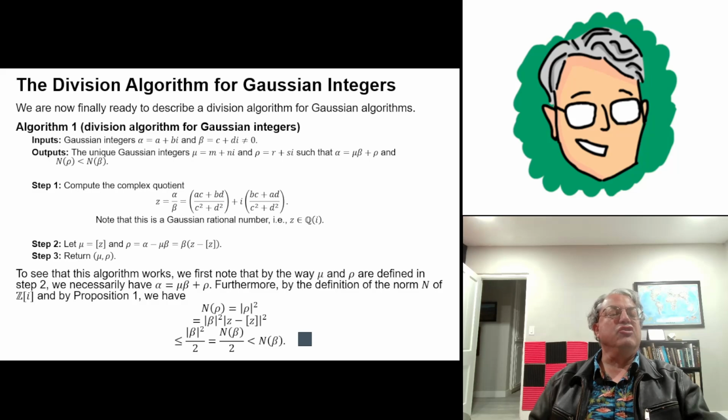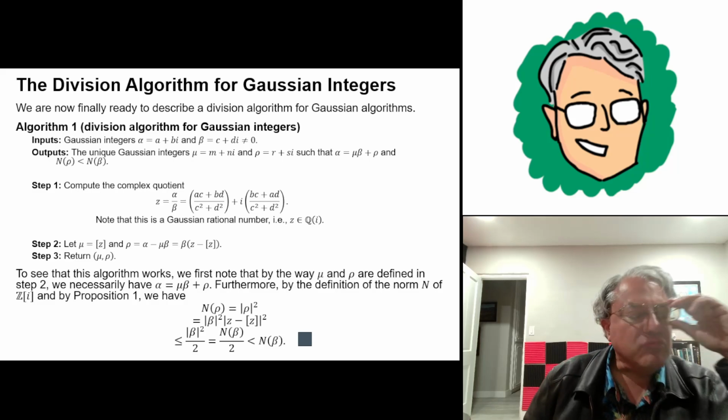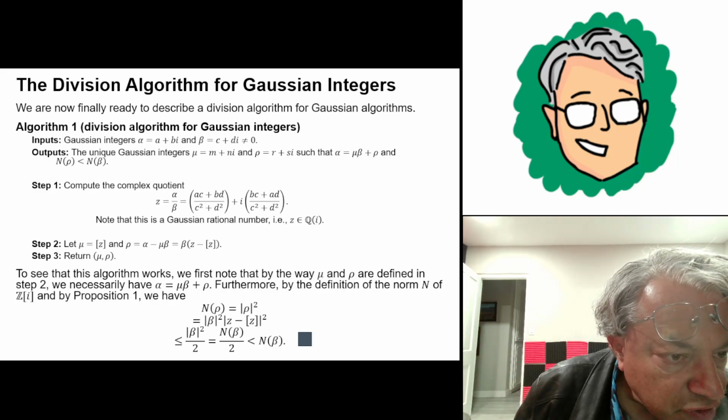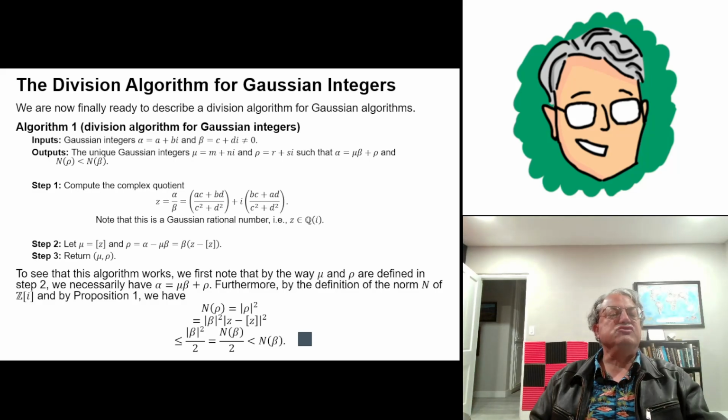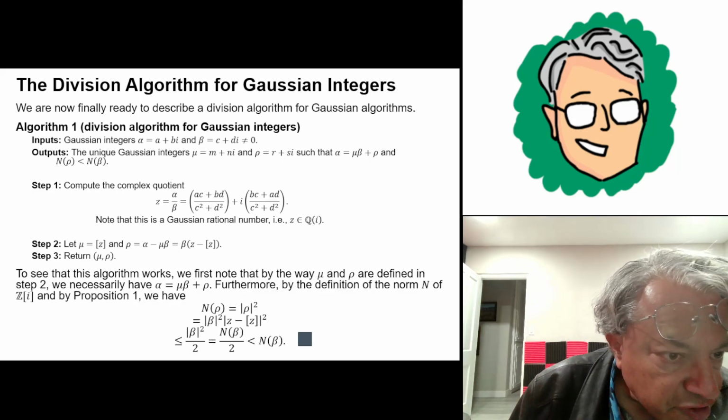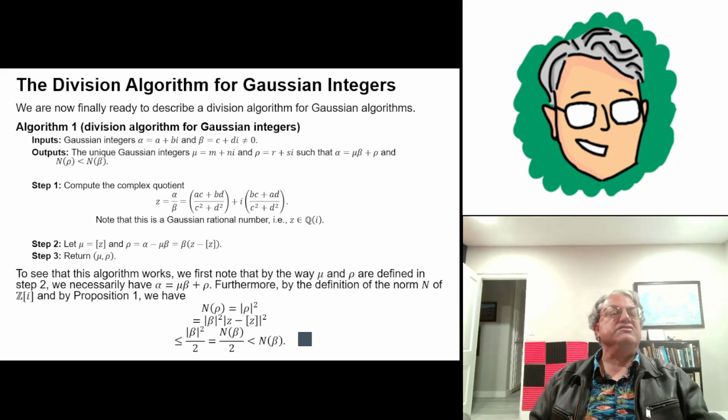And then to get rho, we just take alpha minus mu times beta, because we want alpha to be mu times beta plus rho. So if we just let rho equal alpha minus mu beta, then we're in business. And another way to write that is beta times the quantity z minus z bracket.